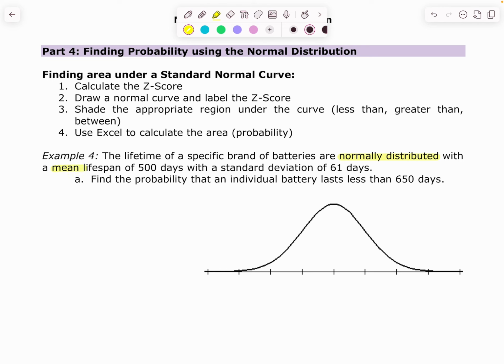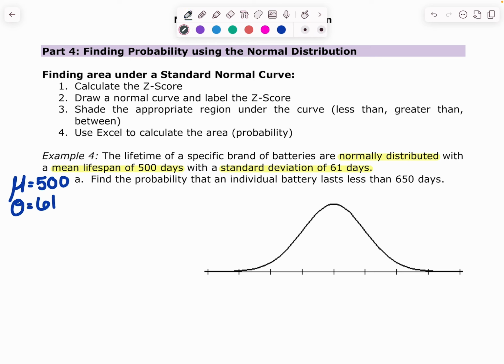Then we know that the mean lifespan is 500 days and that the standard deviation is 61 days. So over here off to the side, I'm going to write mu equals 500 and sigma equals 61. And I'll rewrite that as I do each problem just so that I'm keeping it close by.